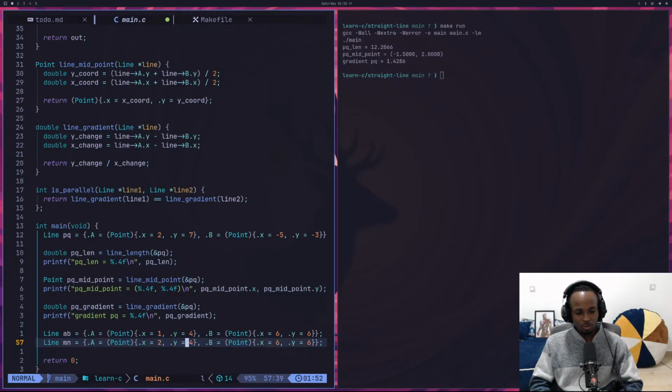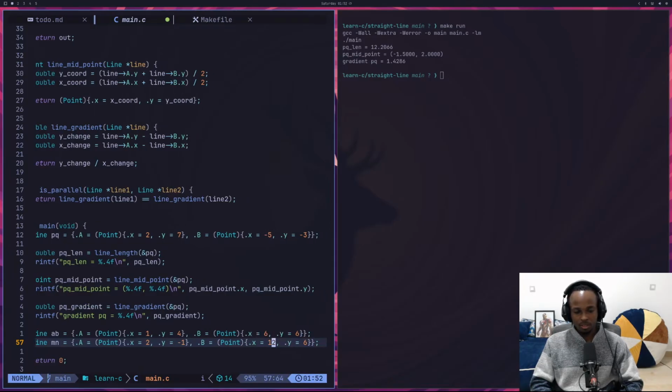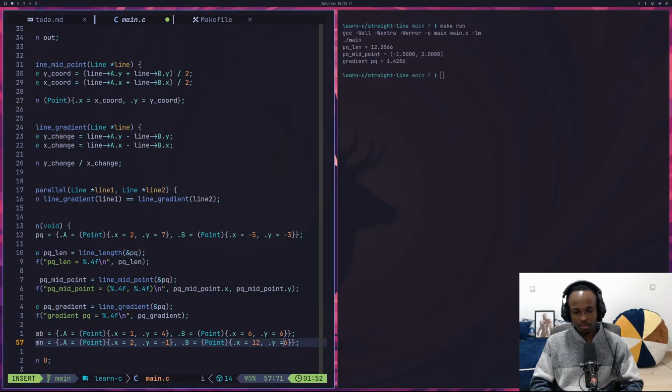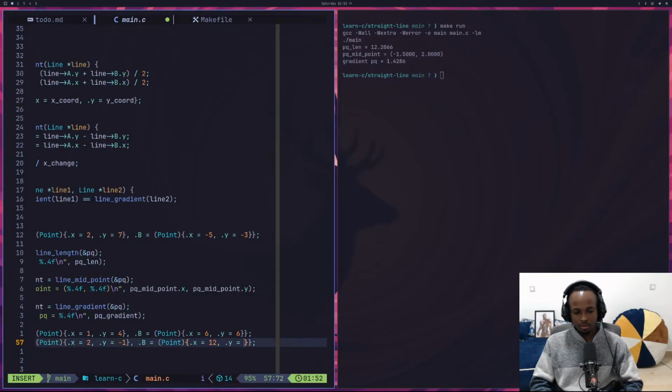So we have 2, then -1. And then point B, that's 12, 3. So let's use 12, 3.